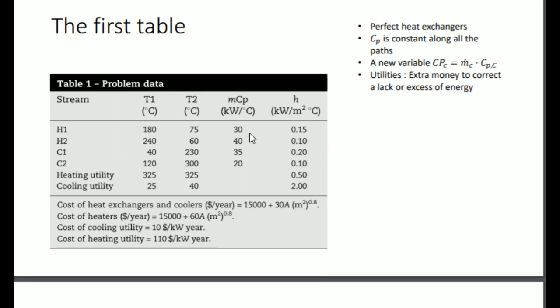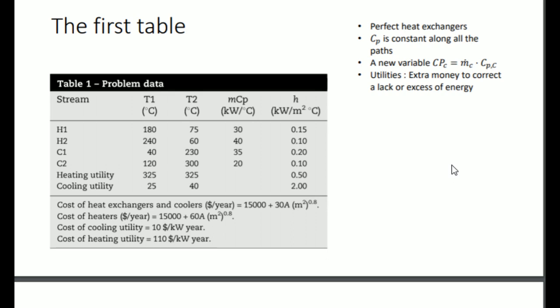So, for example, saying that the Cp of this fluid, the small Cp, not the MCP, is a certain value, the average of the Cp between 180 and 75, it's an assumption. One might say, what are we saying? It's weird. But honestly, it works fine for our study.